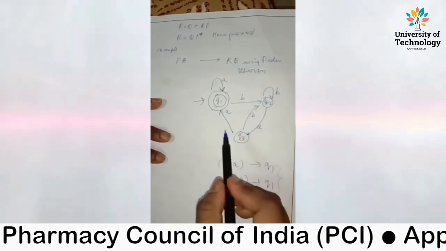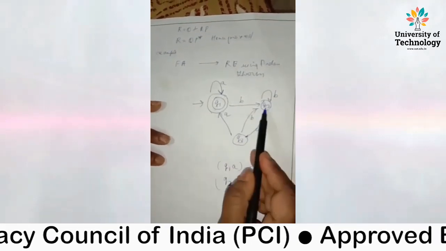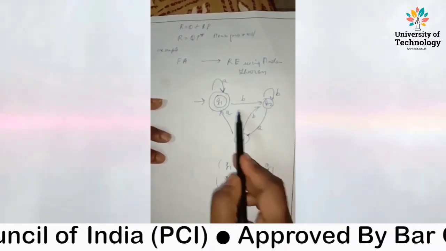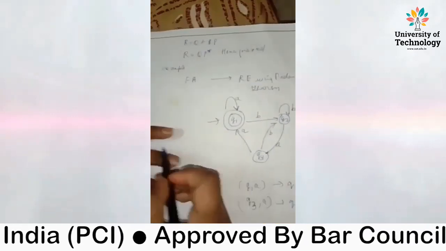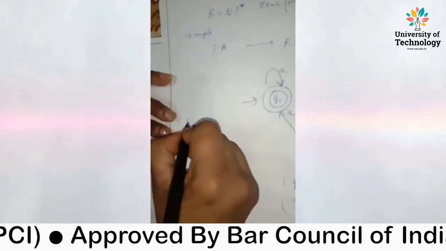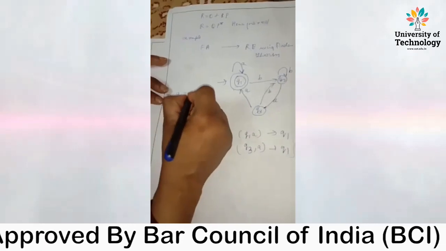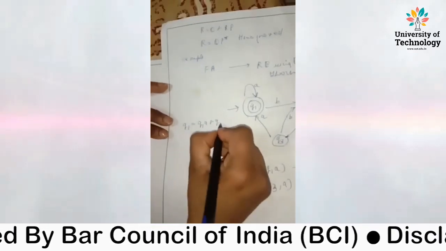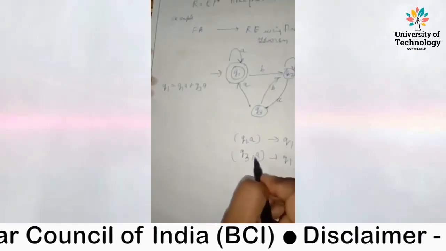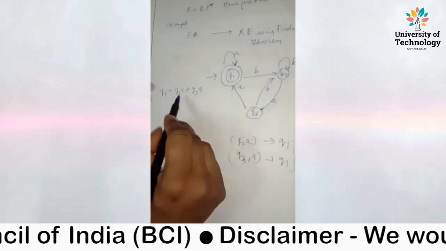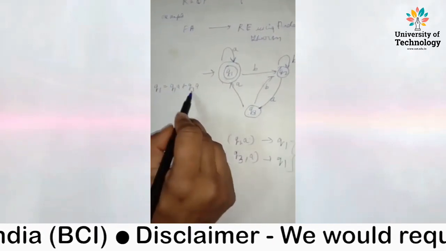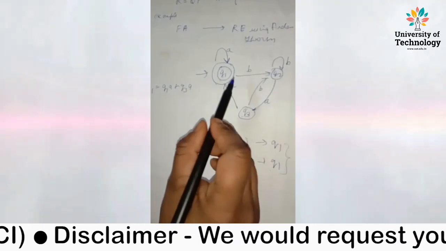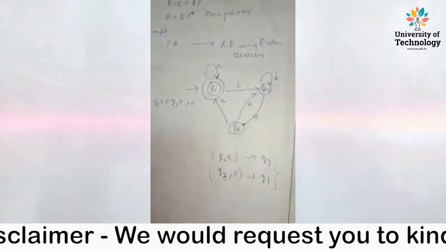Is there any possibility from Q2 to reach Q1? No, there's no arrow over here in the finite automata. Hence, you can write the equation Q1 is equivalent to Q1A plus Q3A. These are the two ways by which we can reach Q1, and we have written them down over here. Now, since Q1 is also an initial state, we can add epsilon to it.